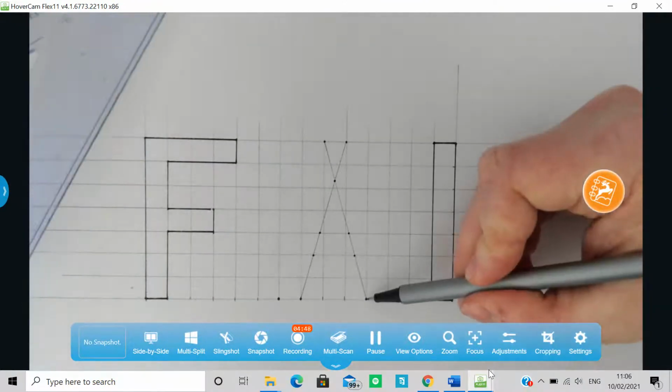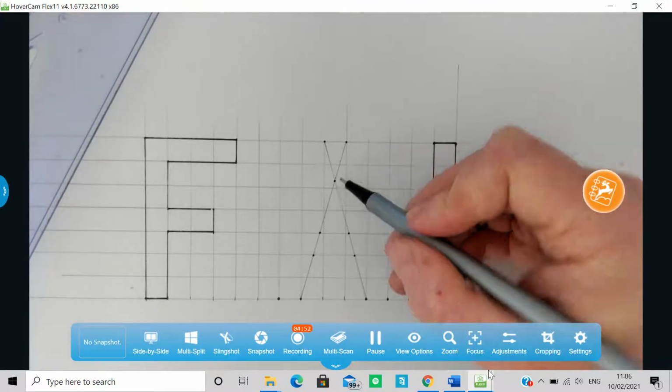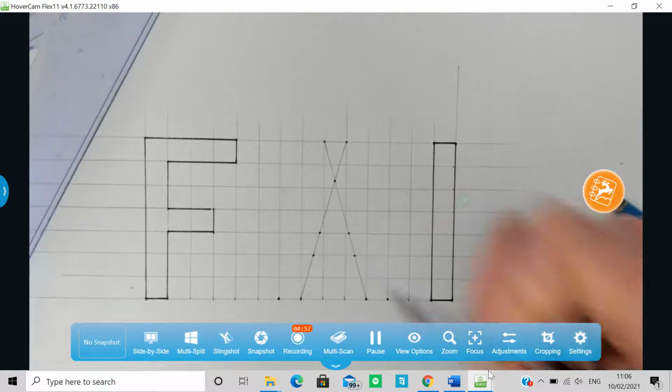You need to do these 2 construction lines in order to find this point, this one, this one, this one, and this one.